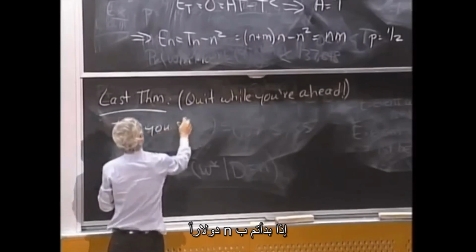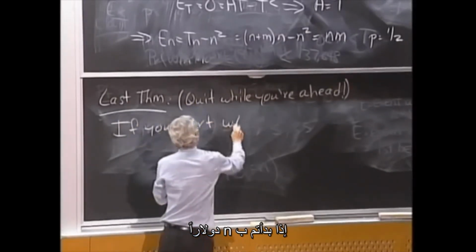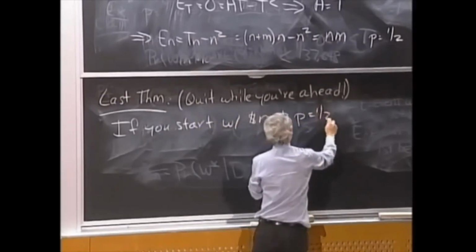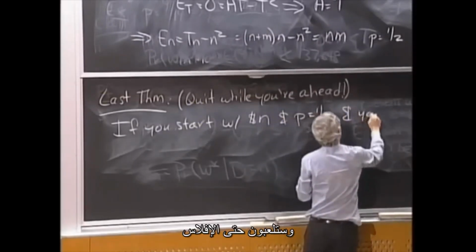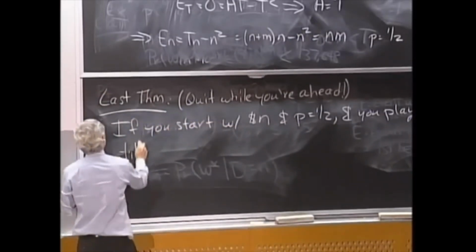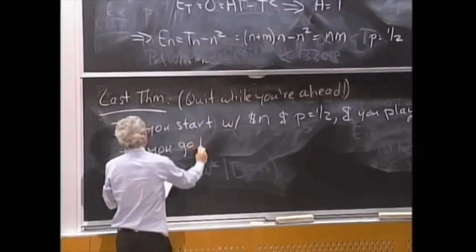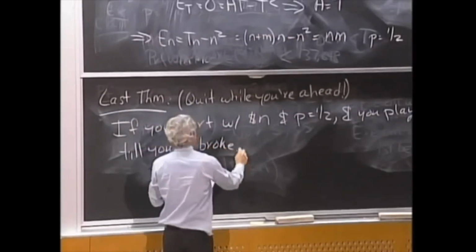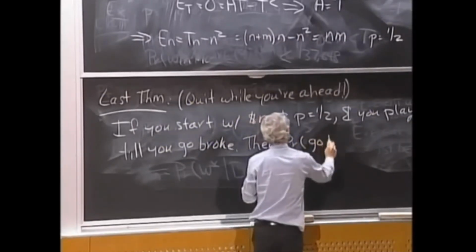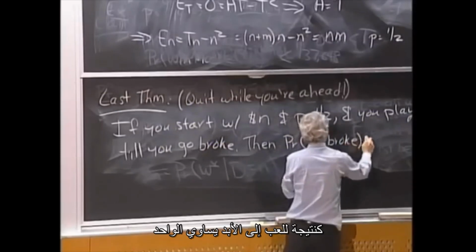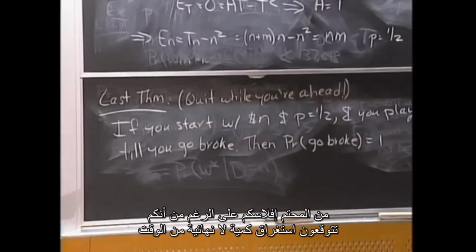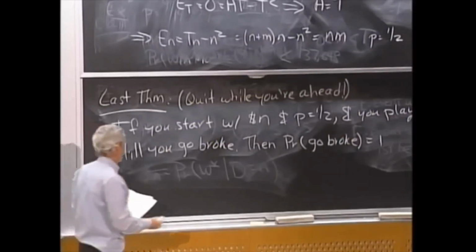If you start with n dollars, and it's a fair game, and you play until you go broke, then the probability that you do go broke, as opposed to playing forever, is 1. It's a certainty you'll go broke, even though you expect to take an infinite amount of time. All right, so let's prove that.